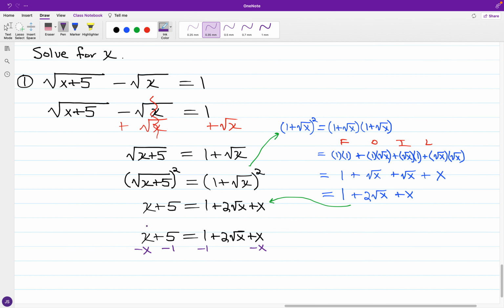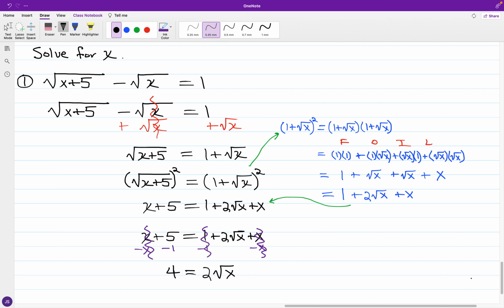And if you notice, we'll have the x's unanimously go out. And we have that 5 minus 1 is equal to 4, and we have that 4 is equal to 2 times the square root of x.